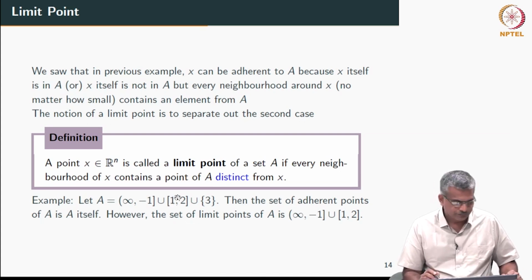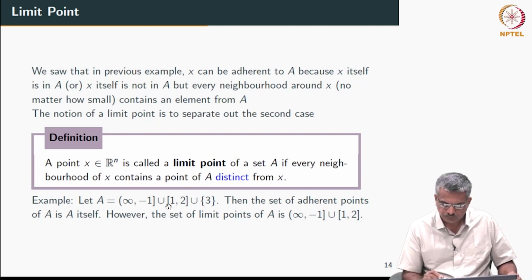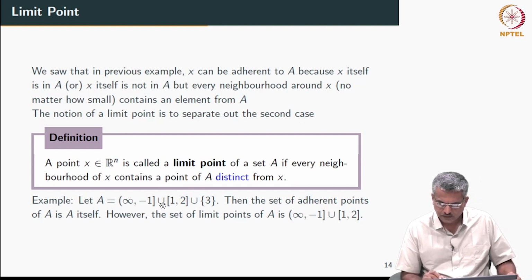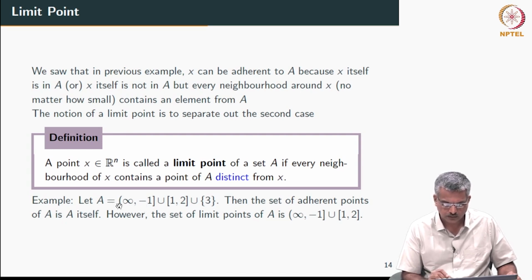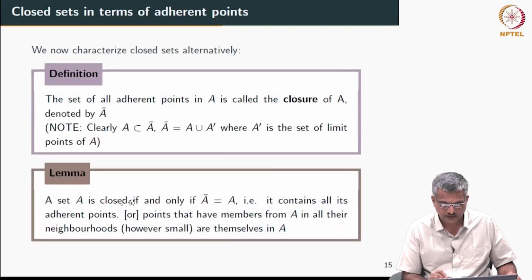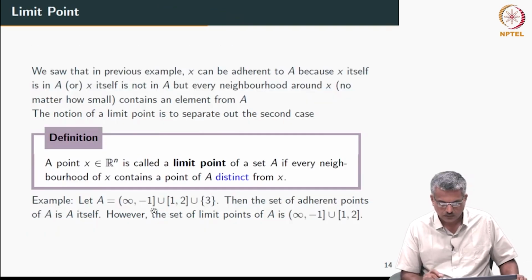Here I have an example to capture whatever notions we have studied. In this case the set is the union of three sets: minus infinity to minus 1, there is a typo here, it should be minus infinity, union 1 to 2, union the singleton, which we denote by this curly bracket.